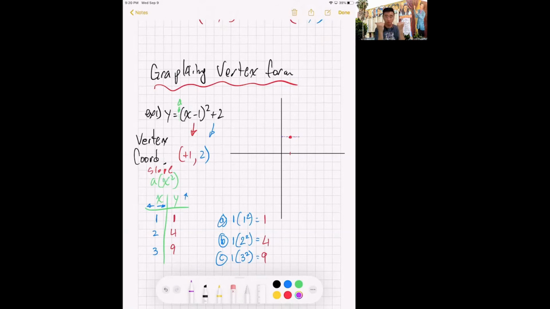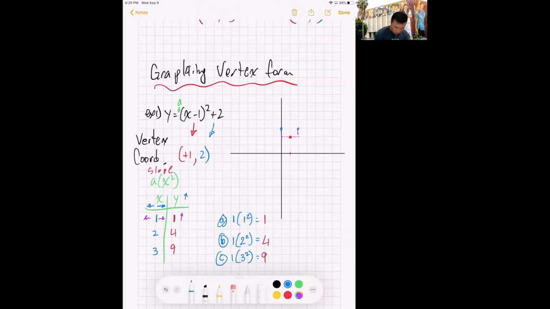So when I take one step this way, which way do I go? Up. Okay, so again, it's going to tell me to go one step this way, one step that way, and then one step up. And that's going to give me right there. Those are my next points.